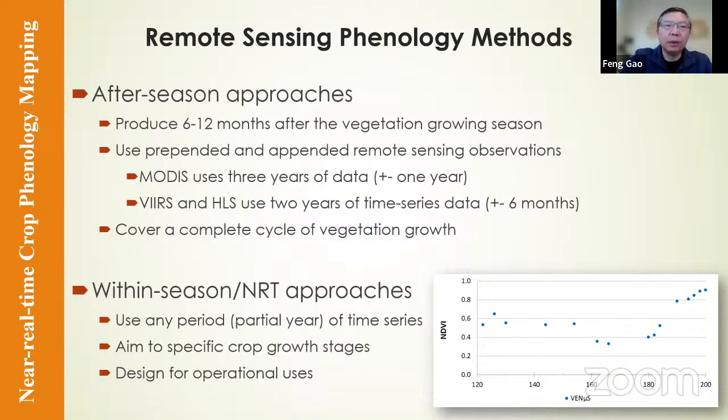For example, the MODIS phenology product uses 3 years of data, 1 year before and 1 year after, to map the crop vegetation phenology, or RSP, for the middle year.